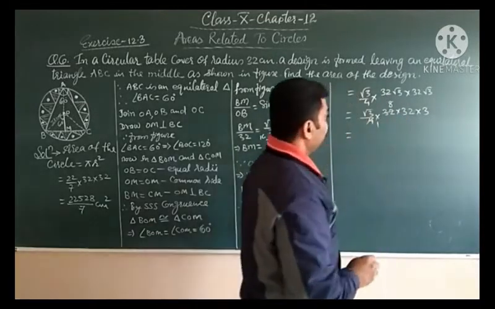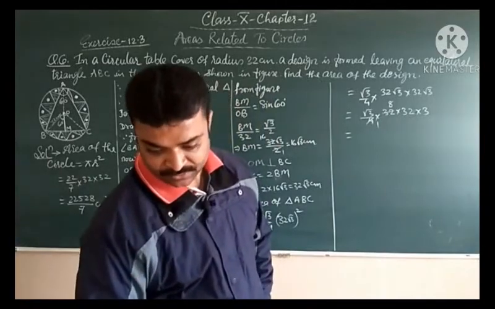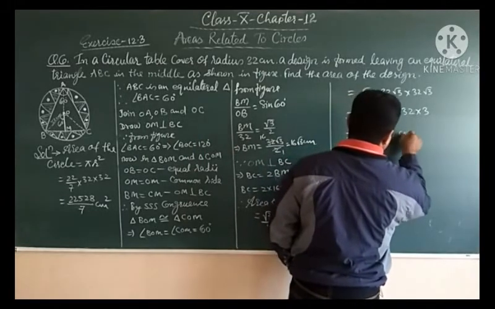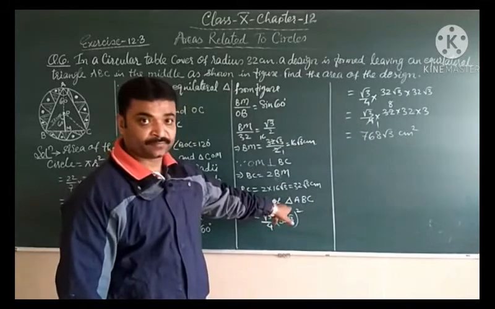Then 8 into 32 into 3 is 768. So 768 root 3 centimeter square is the area of the equilateral triangle ABC.